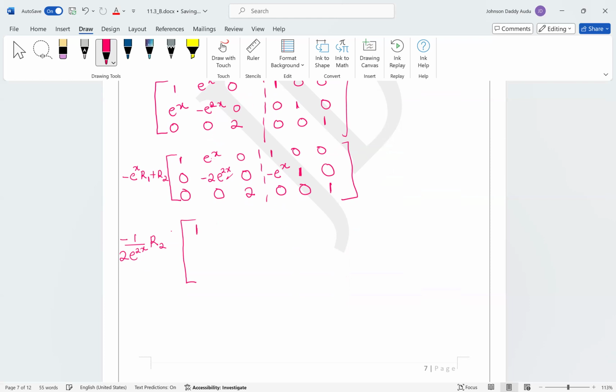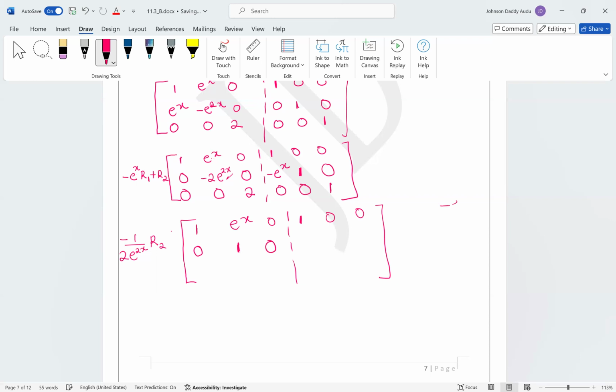This is 1. This will remain as e^x. This will remain as 0. This is 1, 0, 0. Right. You divide this by 2. This is going to be 0. This is 1. This is 0.